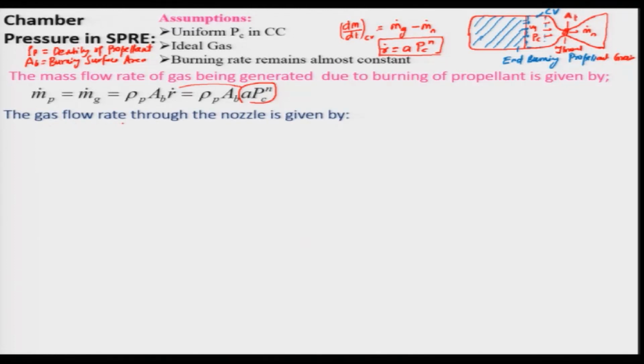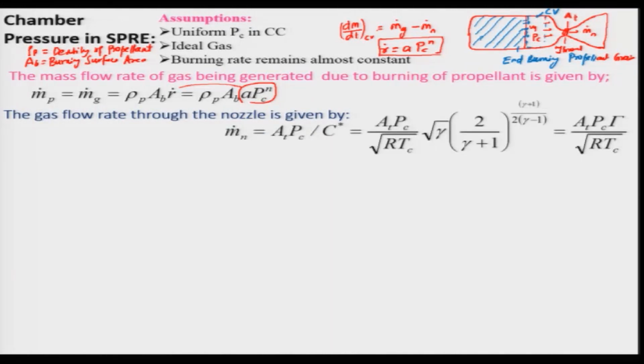And the gas flow rate through the nozzle is given by, we are assuming that the throat is choked, that means the velocity at this cross section will be equal to the speed of sound, and we have already derived this expression earlier, that is m dot n is equal to A t P c over C star, and keep in mind that C star is your characteristic velocity that we already derived, which is equal to A t P c root over R T c times gamma into 2 divided by gamma plus 1 power (gamma plus 1) divided by 2 (gamma minus 1).